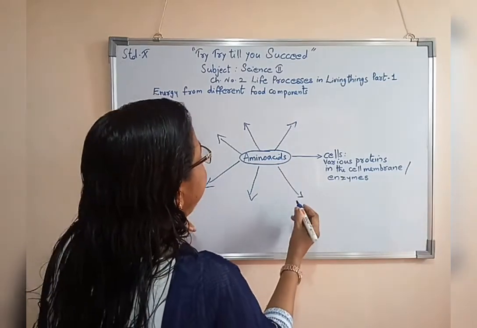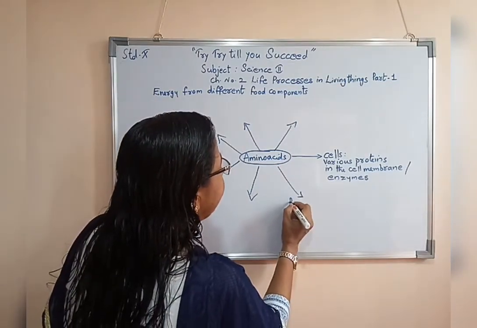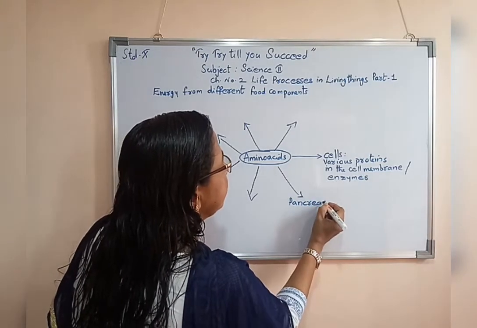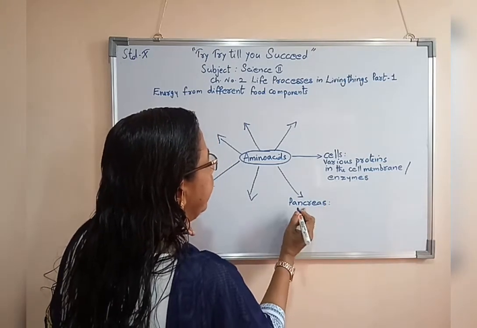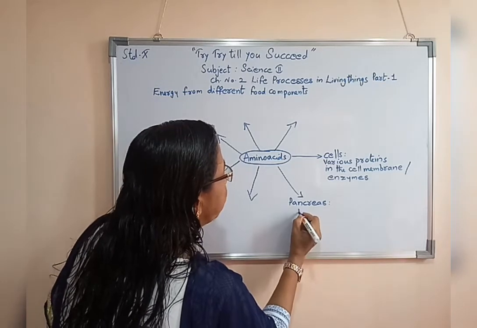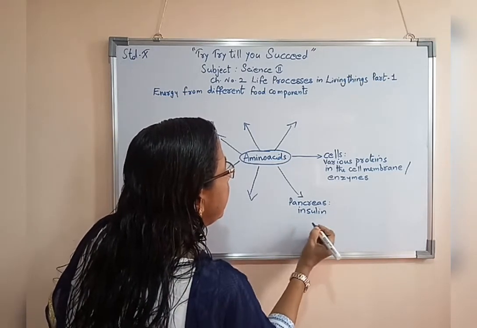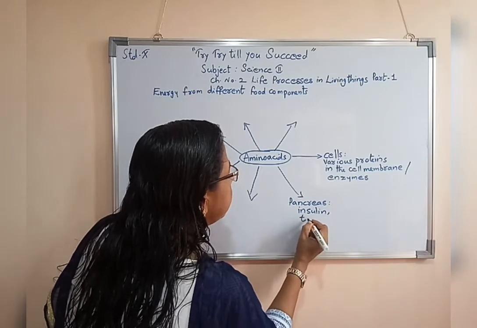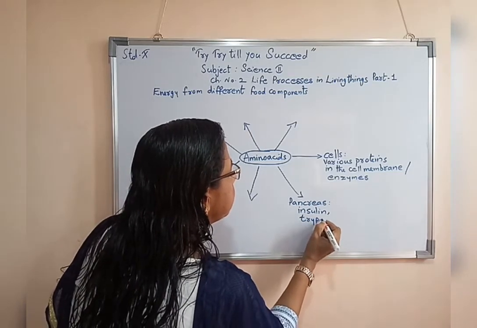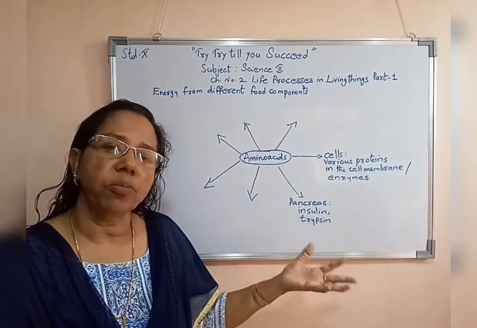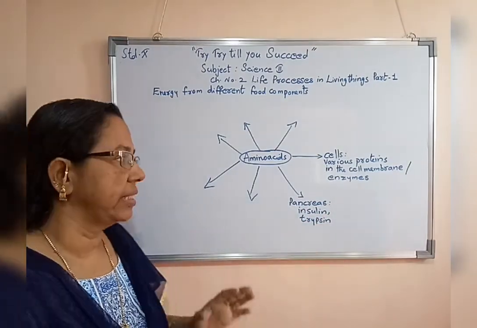After that, when amino acid reaches inside the pancreas, there different types of hormones are produced. They are known as insulin as well as trypsin. These two are hormones. Hormones means a type of proteins.